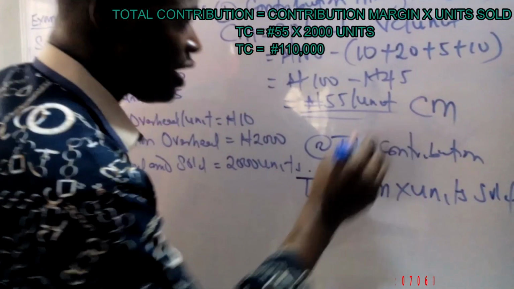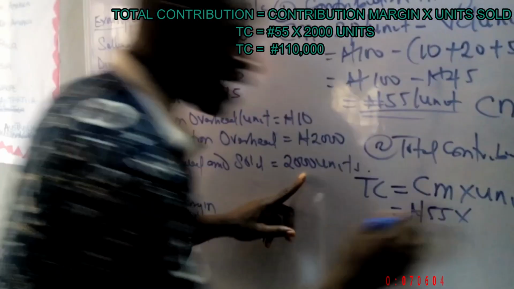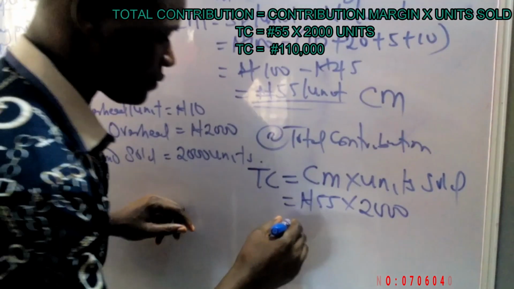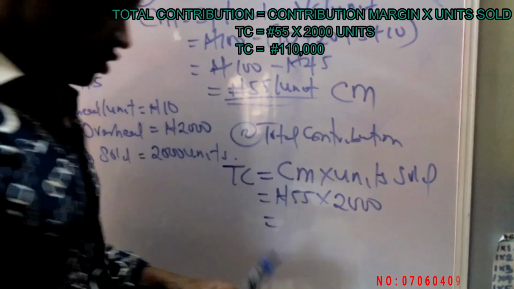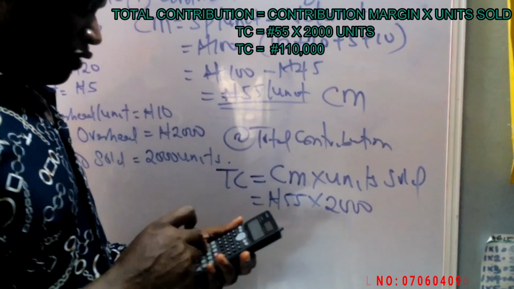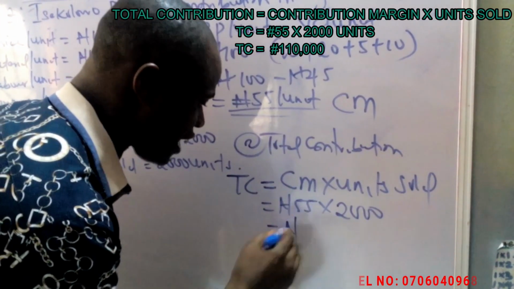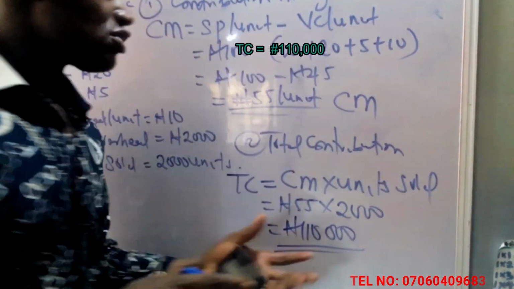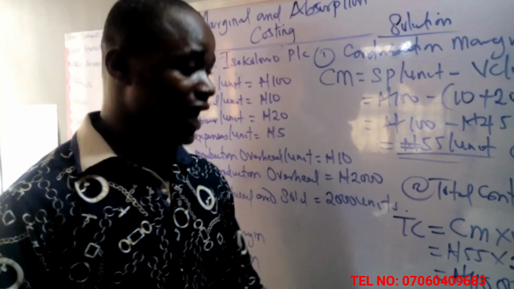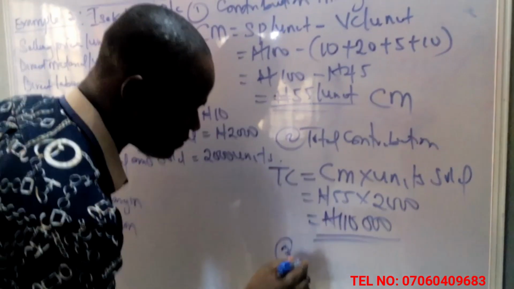That will be 55 naira times 2,000 units. Let's press our calculator to see, because 55 times 2,000 will be 110,000, sorry. This is our total contribution from all the units produced and sold. Is that clear?